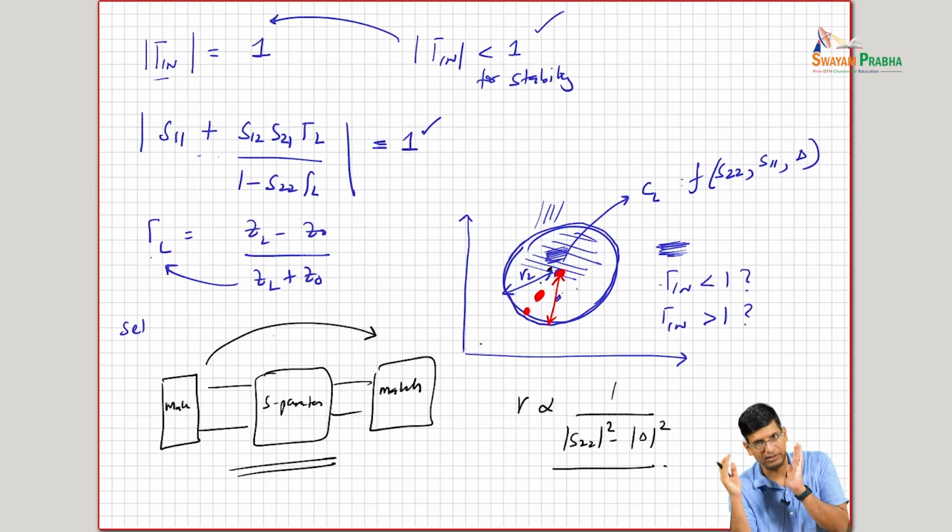You can of course define it all to be 50 ohms or whatever Z0 that you choose on chip, but there will always be slight changes that happen when you actually simulate. So it's a bit risky. So typically we stabilize and make sure that KF is greater than 1.